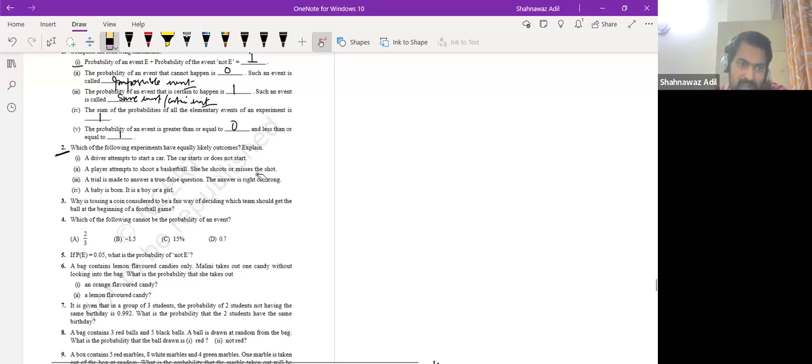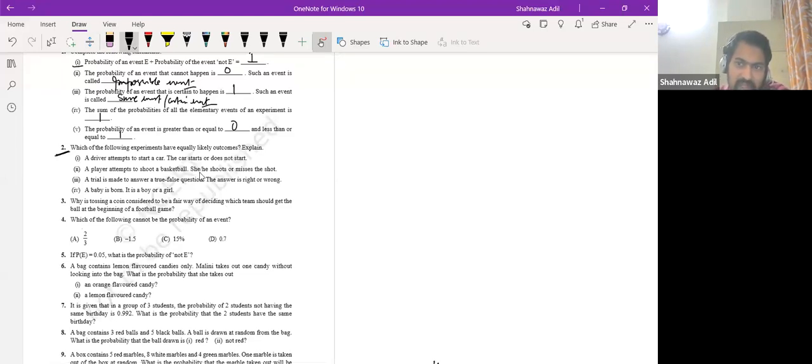Yes, sir. So a player attempts to shoot a basketball. She or he shoots or misses the shot. Is this an equally likely outcome? Yes. All these are looking like equally likely outcomes.